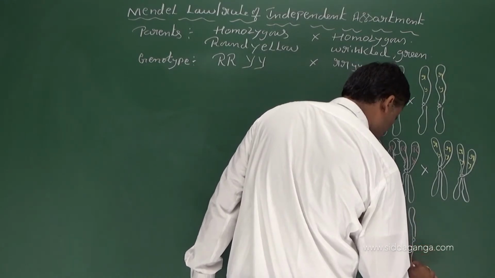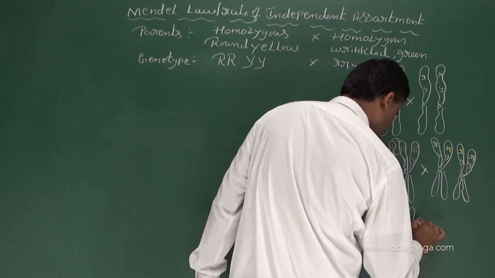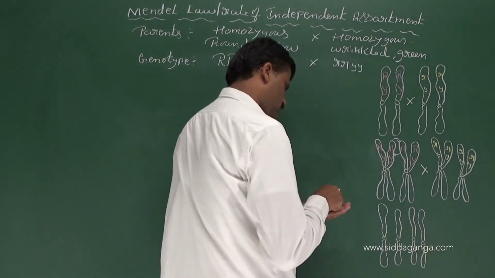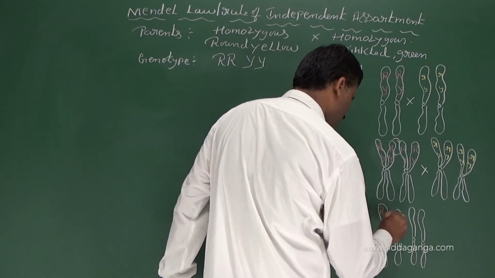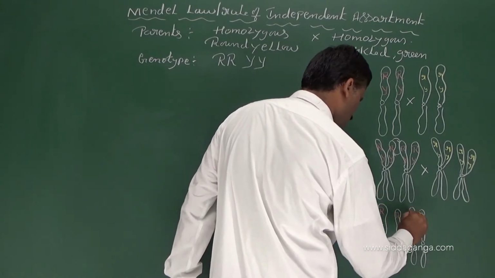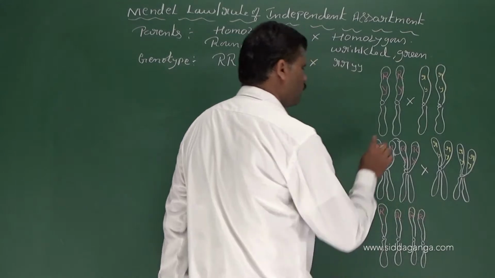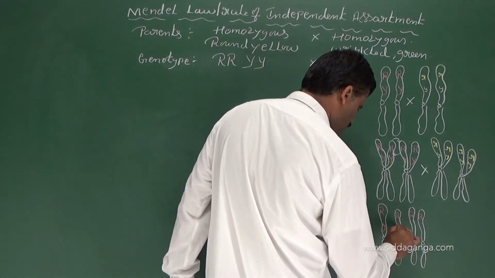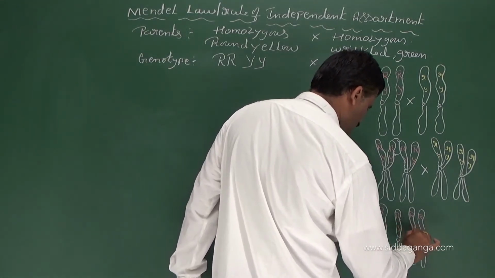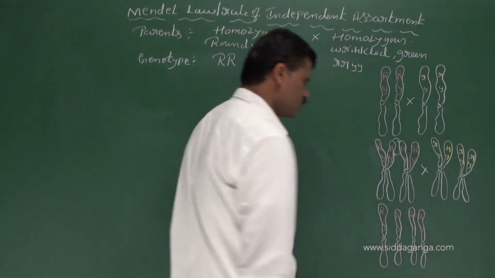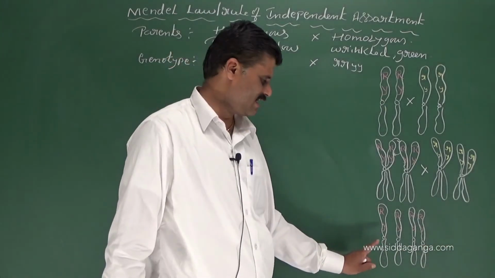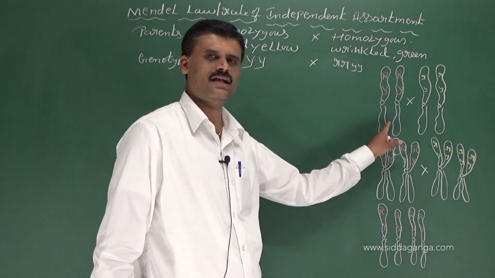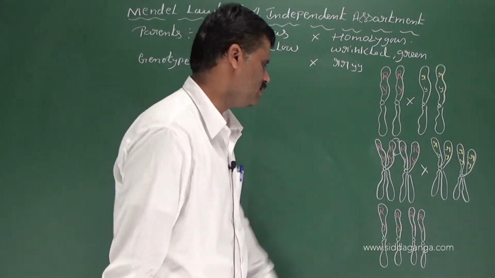Since homozygous conditions will not affect the gametes' nature, capital R, here also capital R, capital R, capital R. From two chromosomes, four chromosomes are formed. Four daughter chromosomes are formed, but all those daughter chromosomes move to separate gametes. Here the male gamete contains only one chromosome, but here they contain two chromosomes, homologous chromosomes, right?